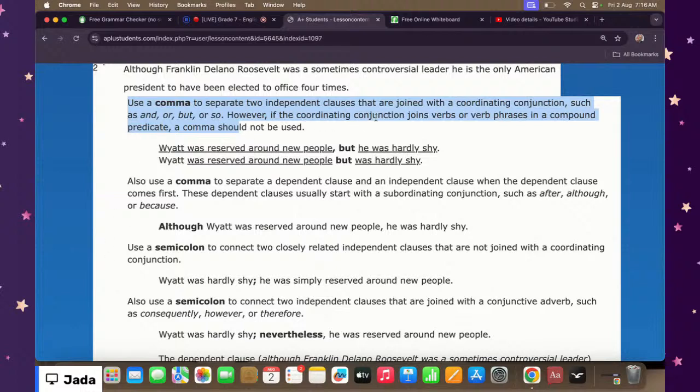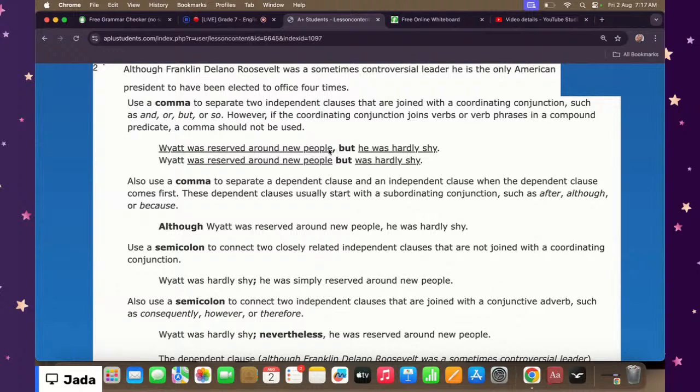However, if the coordinating conjunction joins verbs or verb phrases in a compound predicate, a comma should not be used. Just like here, we have: he was reserved around new people, but he was hardly shy. This is the coordinating conjunction with a comma.